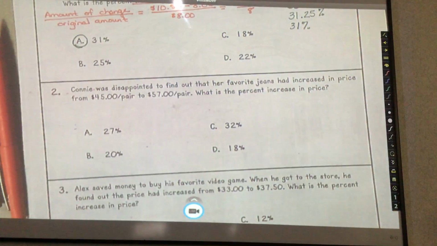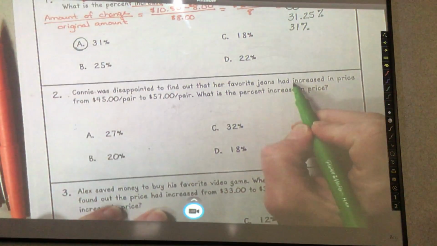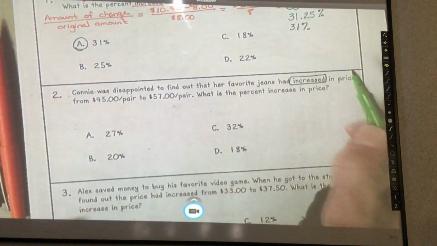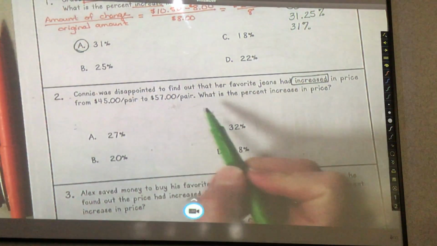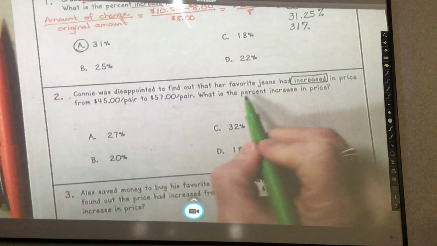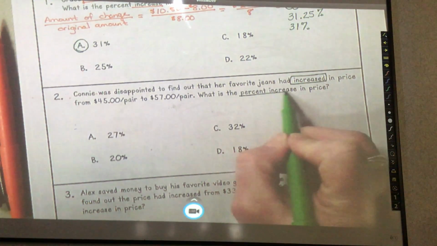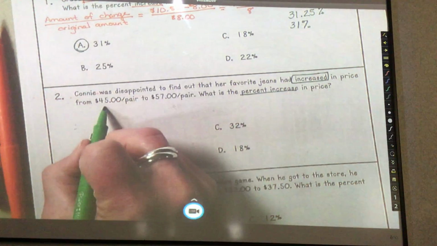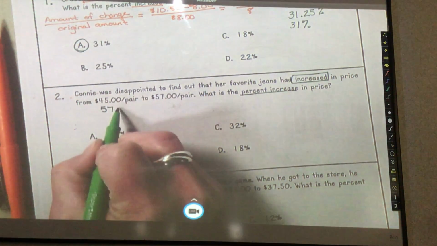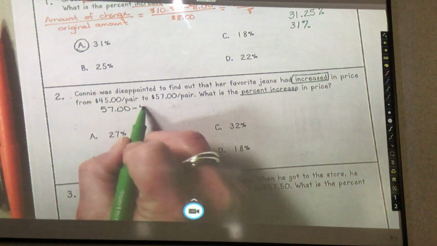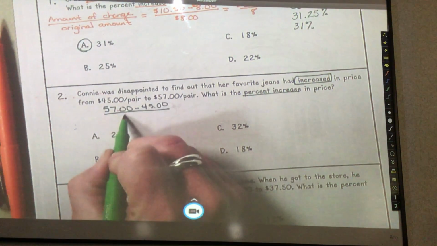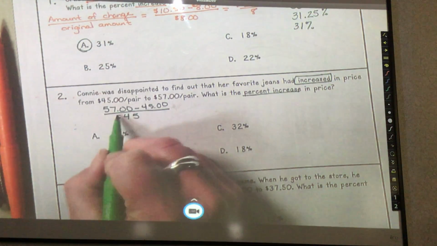Her favorite jeans increased in price from $45 a pair to $57 per pair, and I want you boxing that. What is the percent increase? So I have to take my change, my $57 minus $45 over my original amount, which was 45.